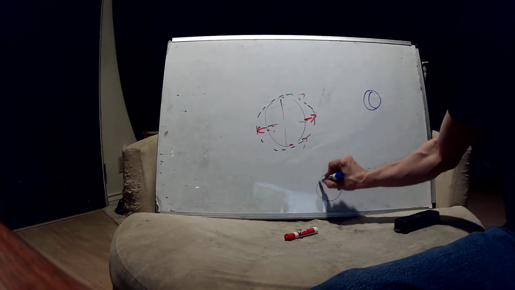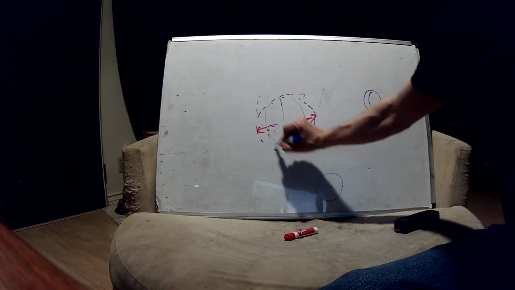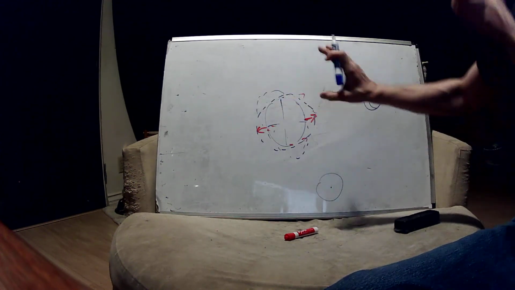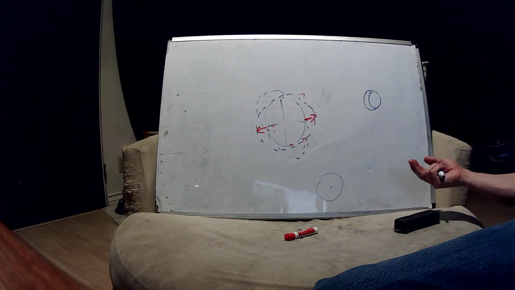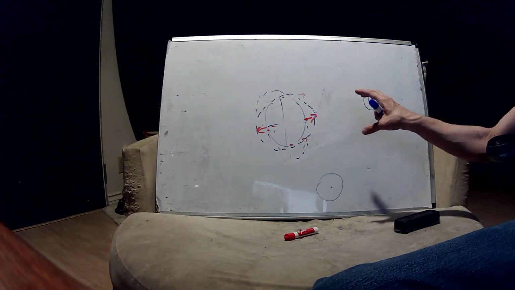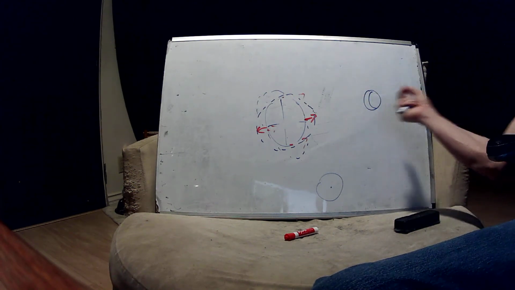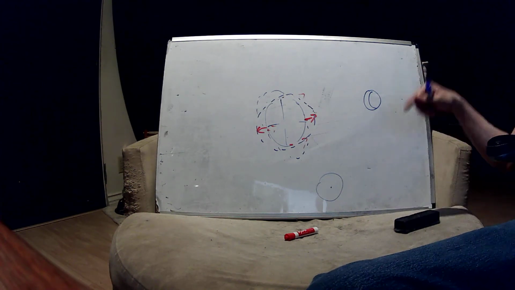Also, there is another tidal bulge from the sun. It's not as pronounced, it's not as big, because while the sun is much more massive, and its gravitational effect on the Earth in total is much greater, we move around the sun, not around the moon. The moon moves around us.